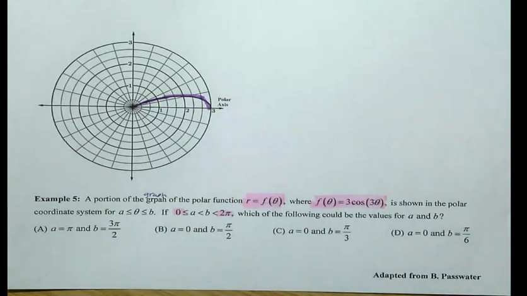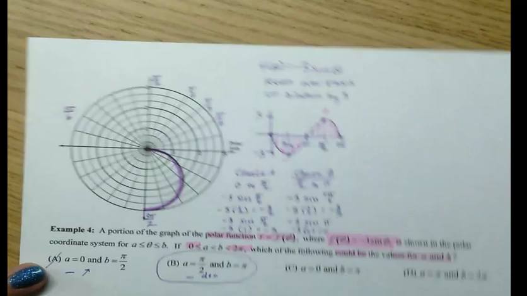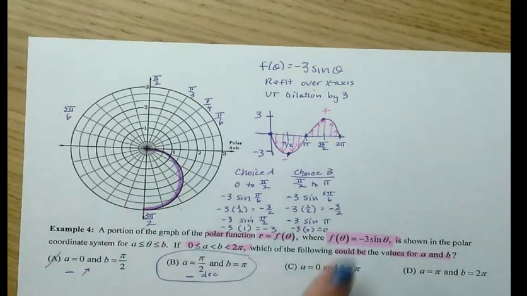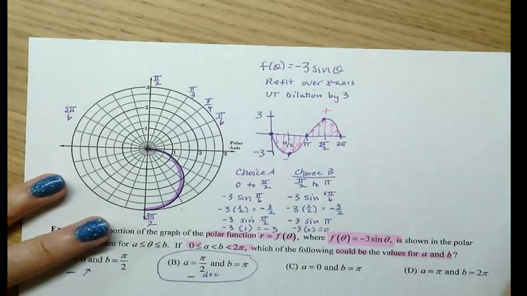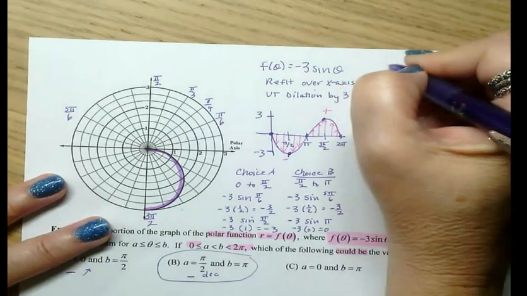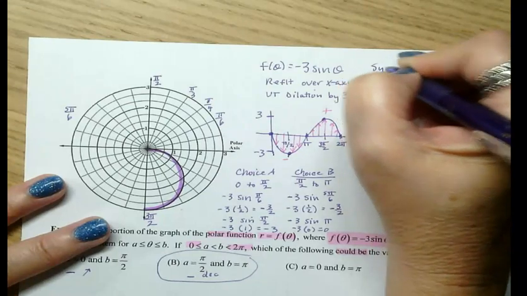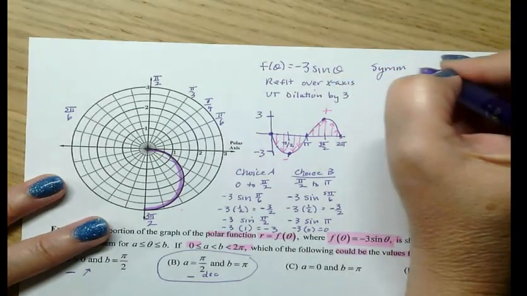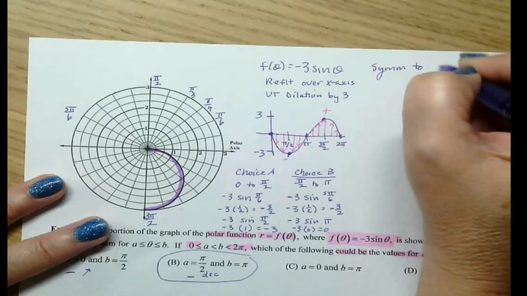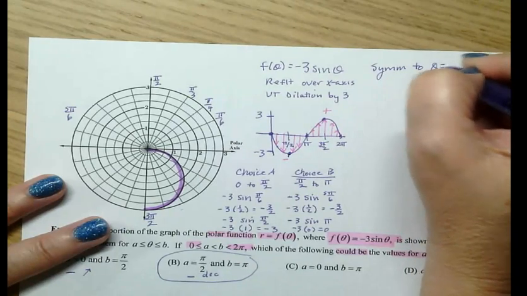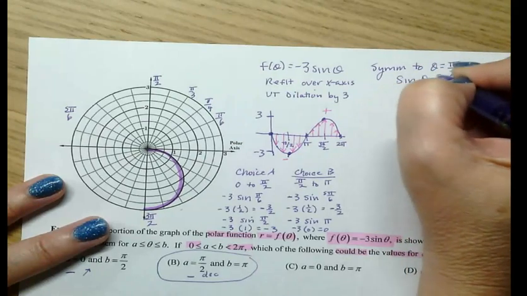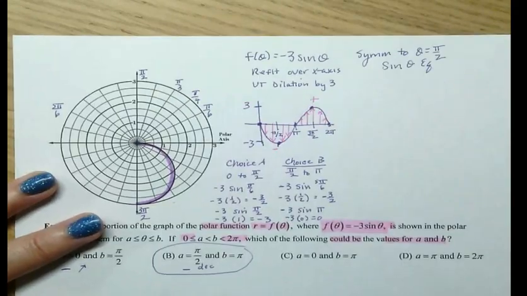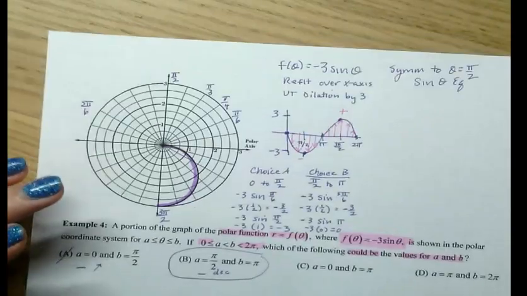We might actually go back up and add that to the last problem we did, just so you have it in your notes, because since this equation was a sine, then we know this one had to be symmetric with respect to theta equals pi over 2, because it's a sine theta equation. So that's just another tool we have in our tool belt to help us out with that.